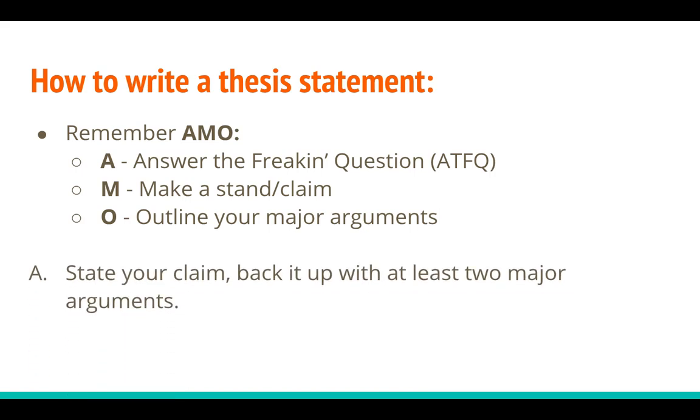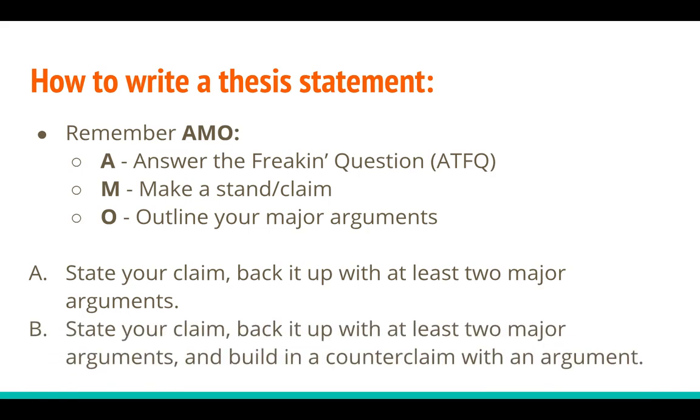Oh, before we do that, two things. Number one, there's two ways you can write your thesis. You can state your claim and back it up with at least two major arguments. That is a basic level thesis statement. It's acceptable by College Board. But you can take it one step further and make it even better and even more complex, which is to state your claim, back it up with at least two major arguments, but then build in a counterclaim with an argument to support it.